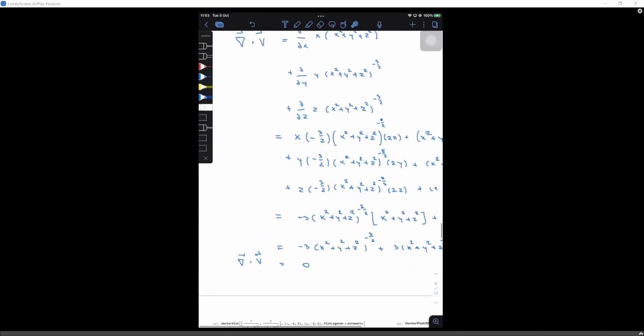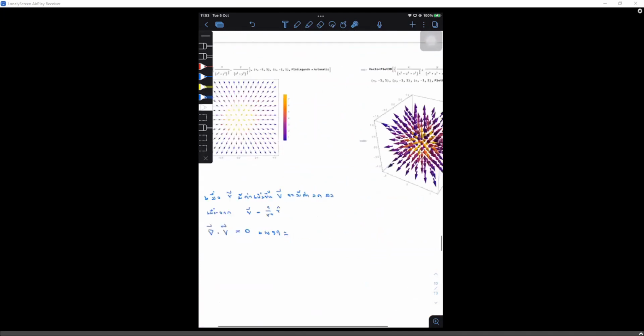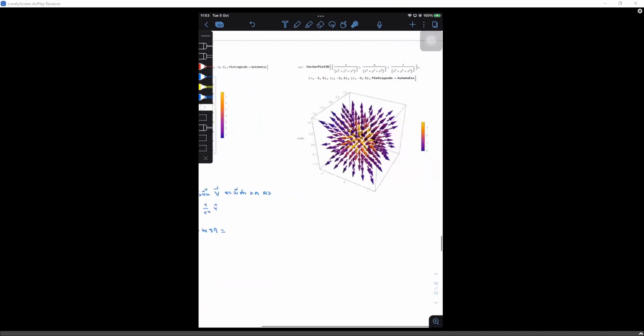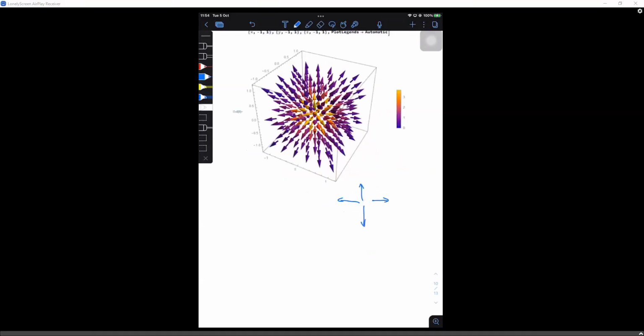I'm not sure that is correct, but in my opinion, I think the divergence of v is equal to 0, meaning, as we can see from the picture, the vector v looks like vectors that come out of the origin with the same magnitude but different directions.